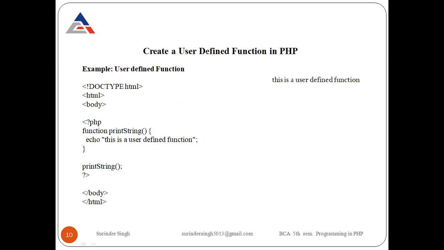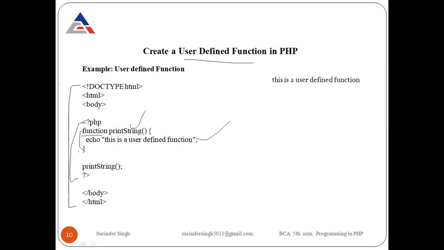Here is another example. Okay, this is our PHP file. Here we have a PHP code. Here we have created a function print string, and this function will print this line. This is a user defined function. Clear? And close.